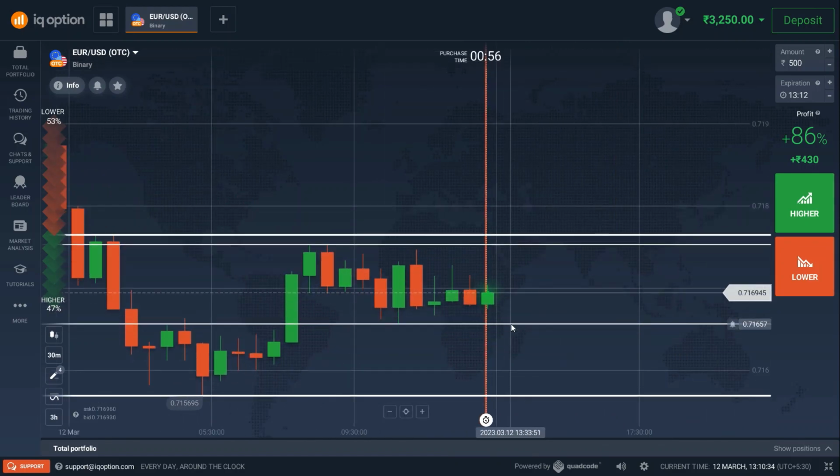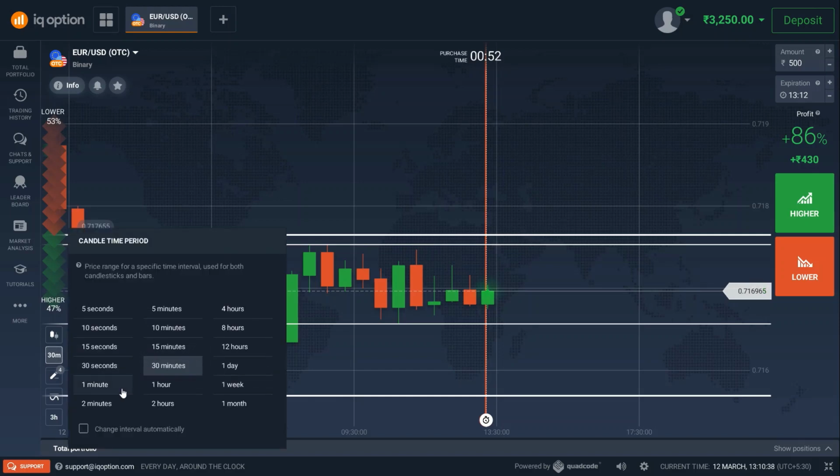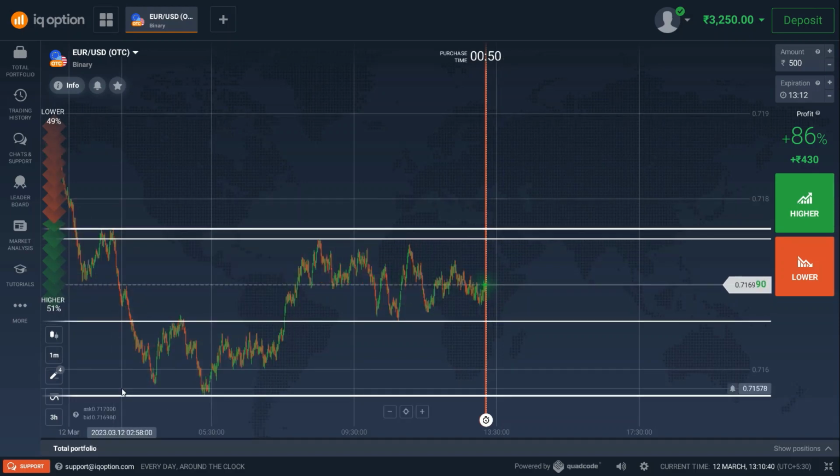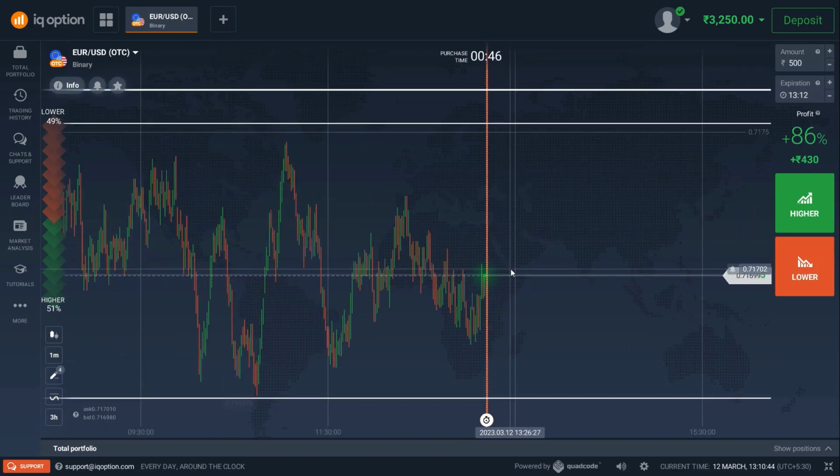So let's just wait and see how the market moves, and then we will take a trade accordingly. I'll just skip forward and save some time of yours. Once I take the trade, I'll explain the trading setup in detail.